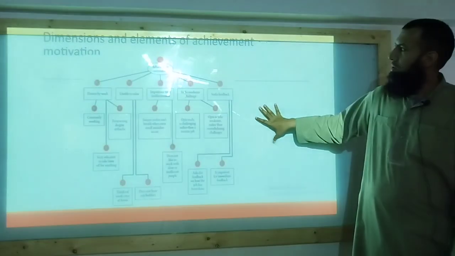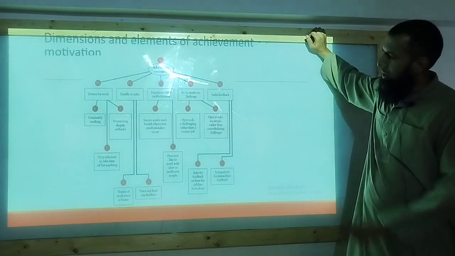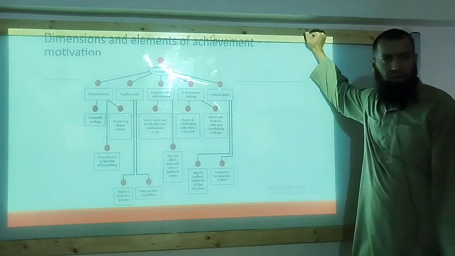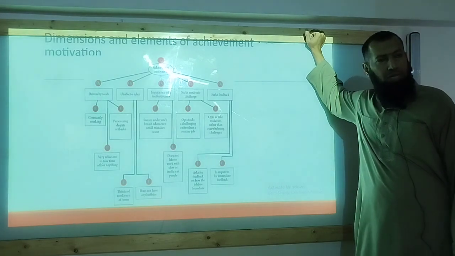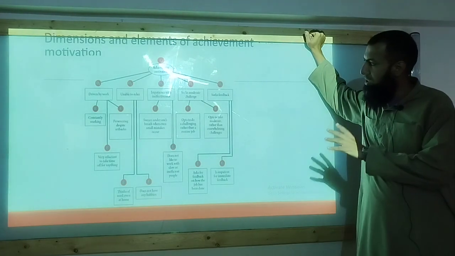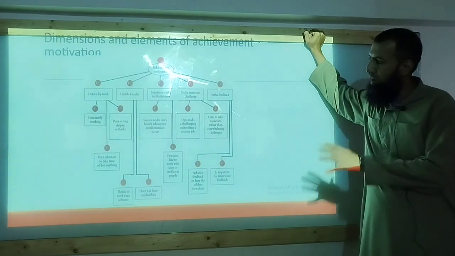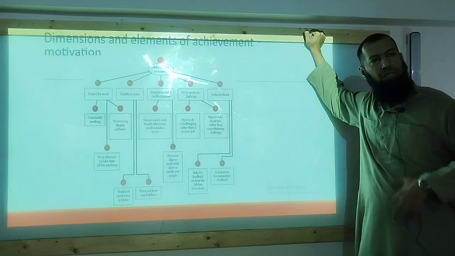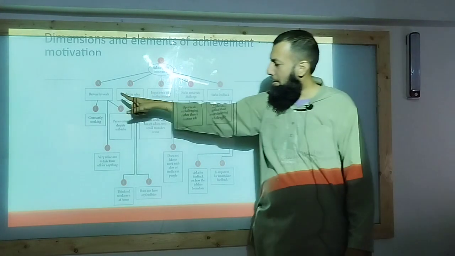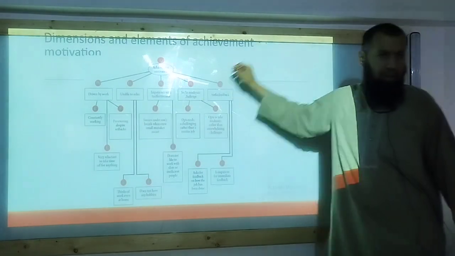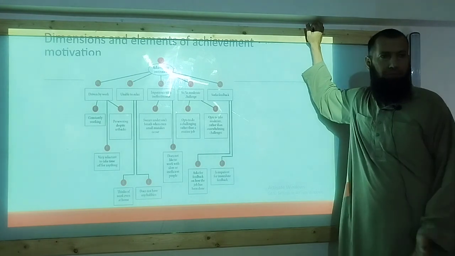So you see, achievement motivation is one of the abstract variables. Now you need to focus over here. The backbenchers, please focus over here. Achievement motivation is one of the variables, and it has five dimensions. When we say five dimensions, it means every dimension may have multiple elements, and every element can have one item or multiple items.